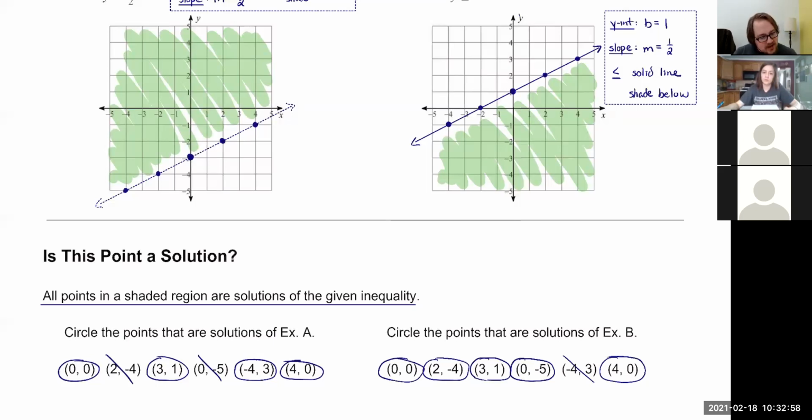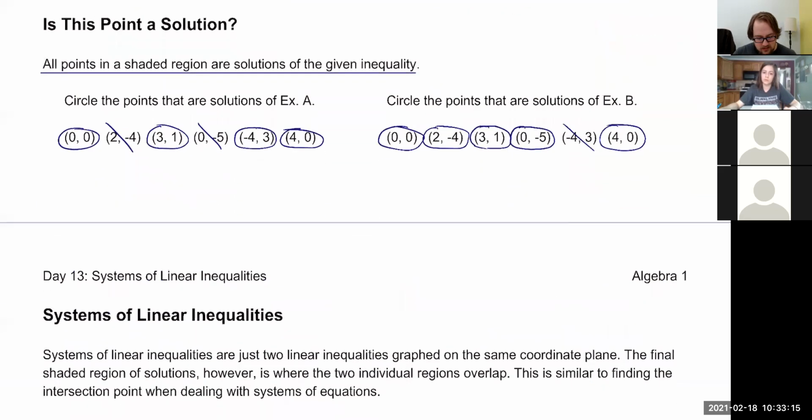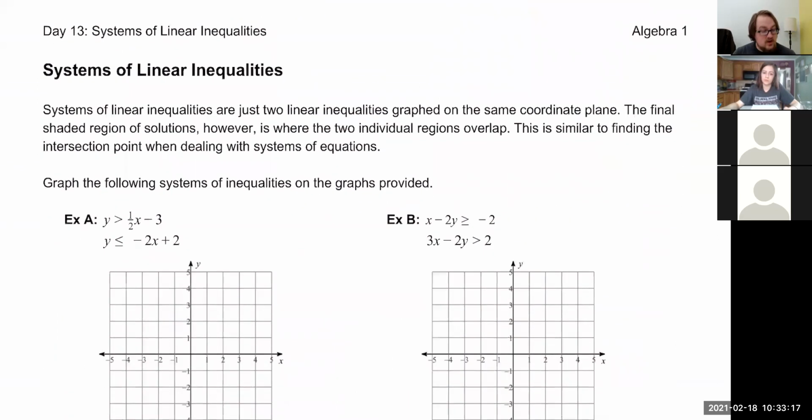Because if you've been thinking about it so far, this very short unit, we've been dealing with 2 equations at a time. But so far, we've only been doing 1 inequality at a time. So we're going to expand now to include what are called systems of linear inequalities, to where we're not just dealing with 1 at a time anymore.